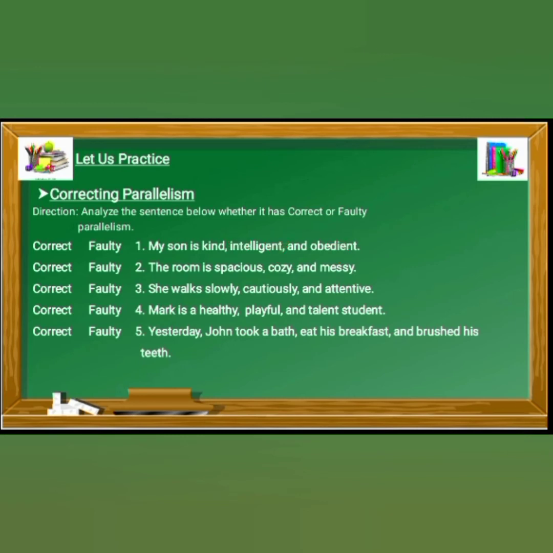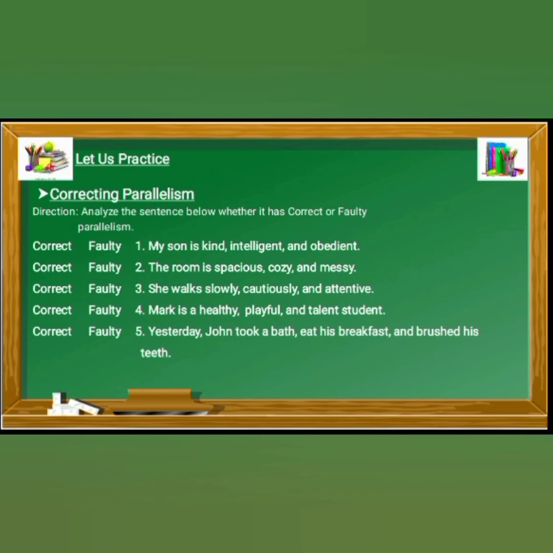Alright? Sentence number 3. She walks slowly, cautiously, and attentive. Is it correct or faulty? If your answer is faulty, you're correct. Because the word attentive here is an adjective, while the words slowly, cautiously are adverbs.